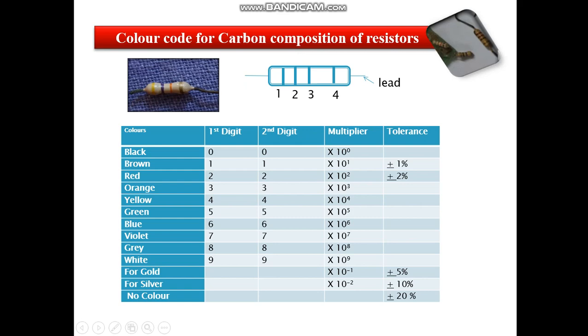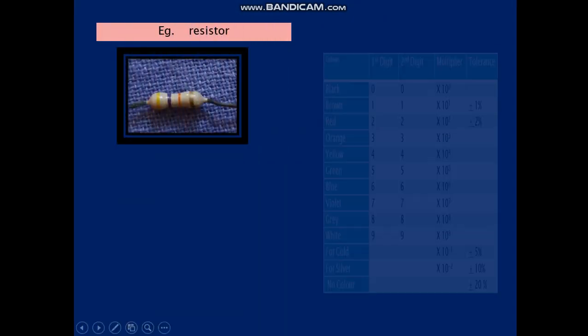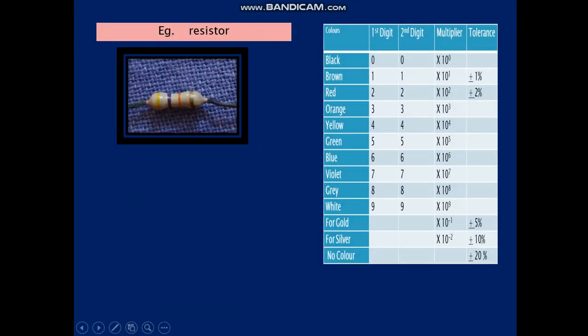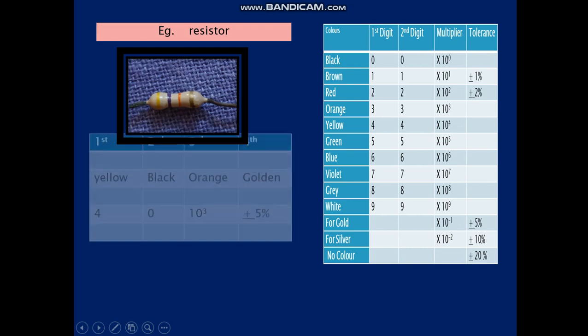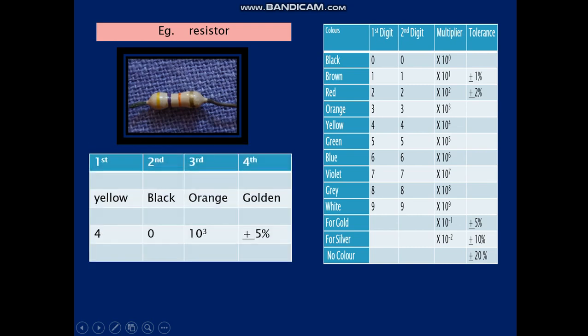Now let us take an example of electronic resistors, and then you have the color coding in your mind. Now we apply the color coding. So the first color is yellow, the second one is black, the third is orange, and the fourth one is golden. So yellow corresponds to 4 in the table, black corresponds to 0, orange corresponds to 10 raised to 3, and the golden corresponds to plus minus 5%.